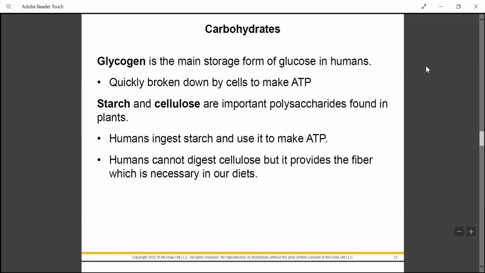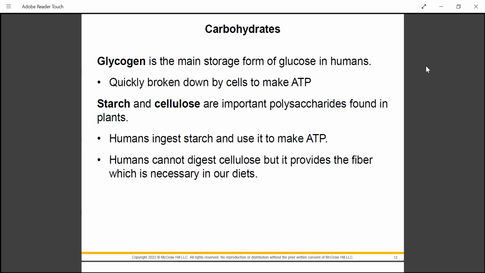Okay, like I said a little bit ago, glycogen is going to be our main stored form of glucose in humans. It's considered a polysaccharide because it's a lot of glucose molecules stacked together. We have these stores both in our muscles as well as our liver.